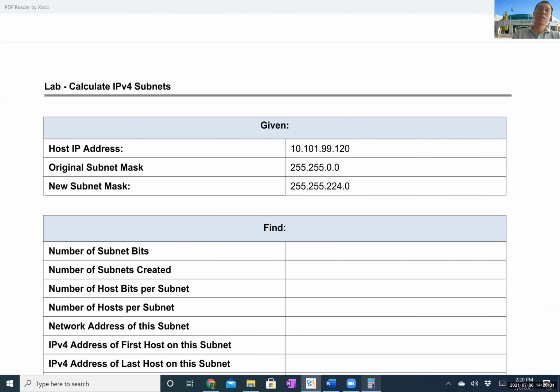Now look at the original subnet mask here. How many bits in the network portion and how many bits in the host portion do you have for the original one?